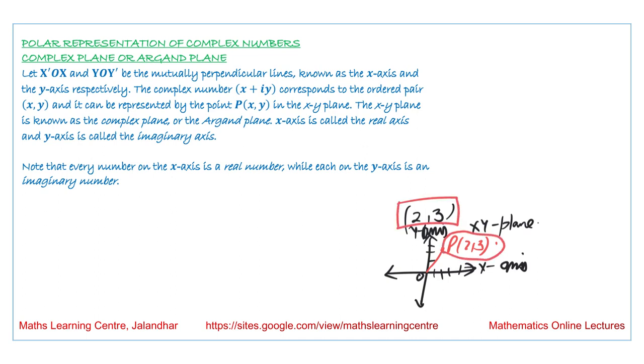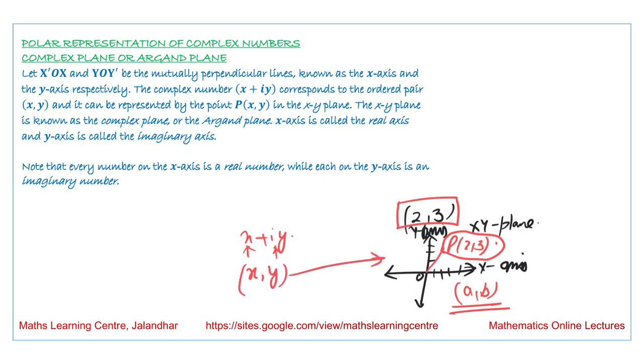Likewise we can represent any point in the form of any ordered pair (a, b), where a and b are real numbers. If we look at the definition of a complex number, it is just like x plus iota y, where x and y are real numbers. So we can consider it like the ordered pair (x, y) and represent it on this plane.